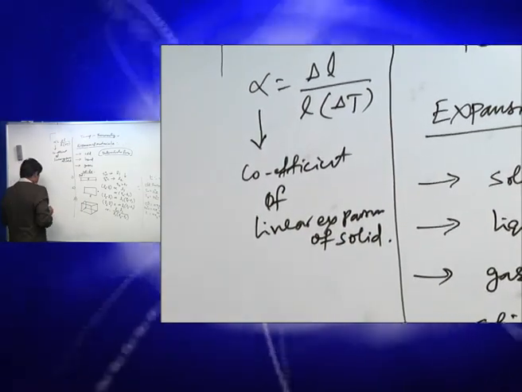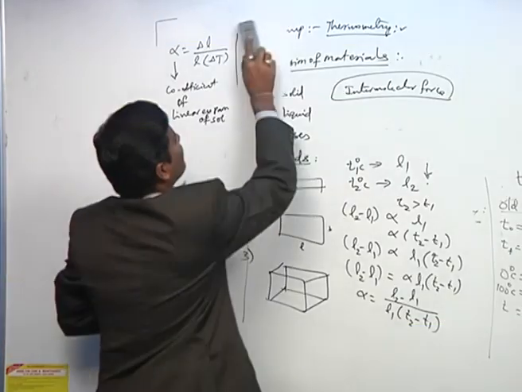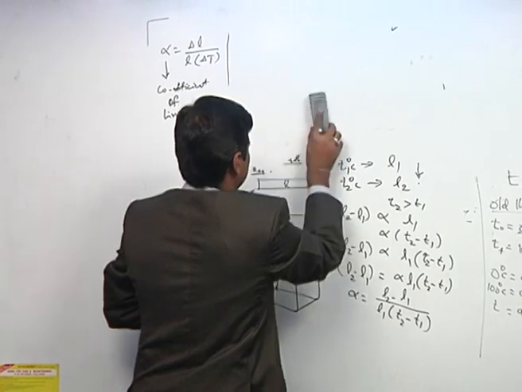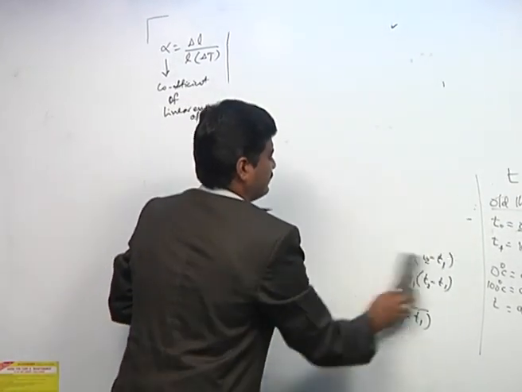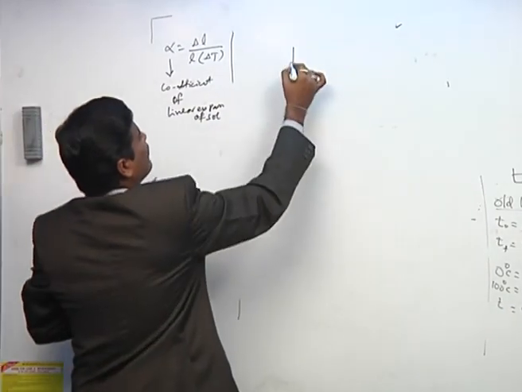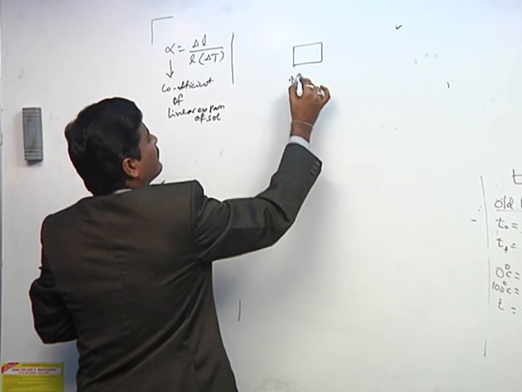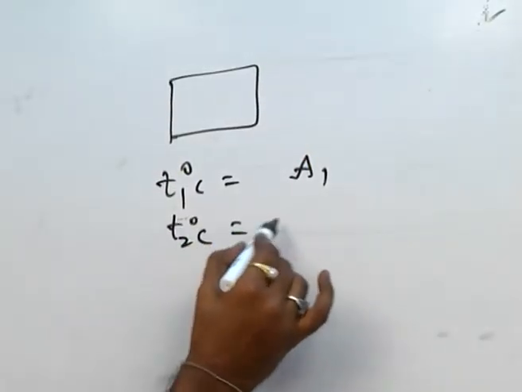If we write the same for a metal plate, how can we write this? This is a metal plate, initially at T1 degree centigrade with initial area A1, and at T2 degree centigrade area A2.